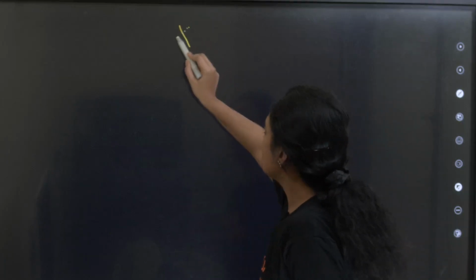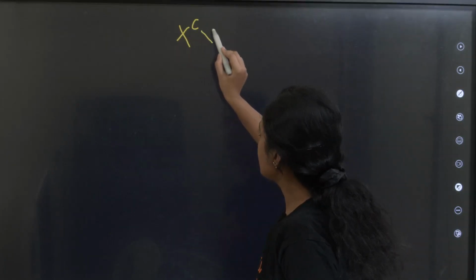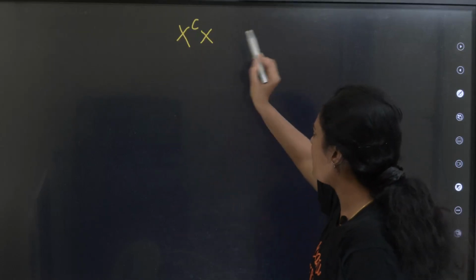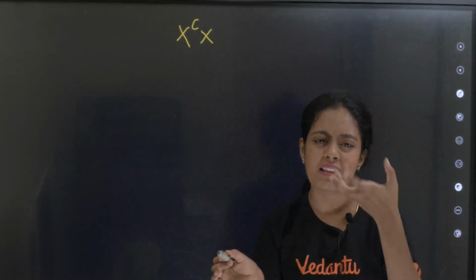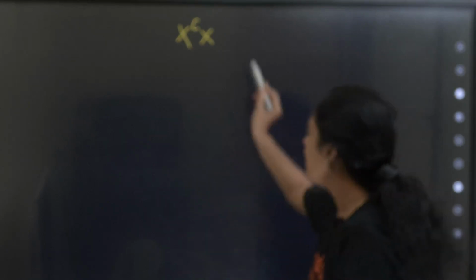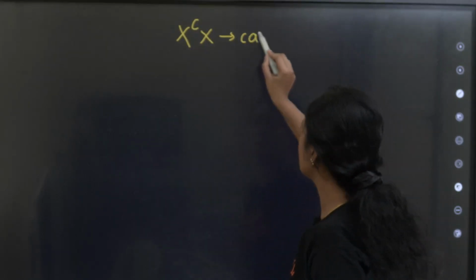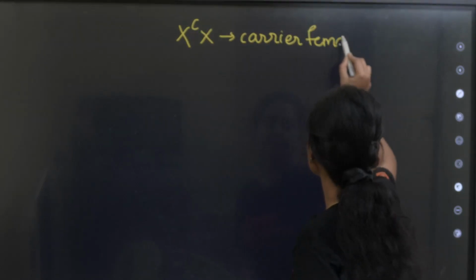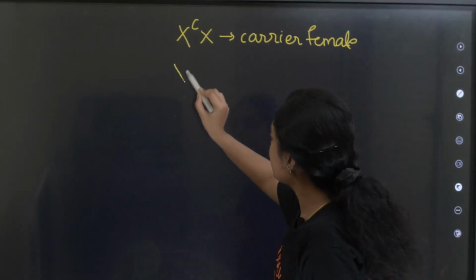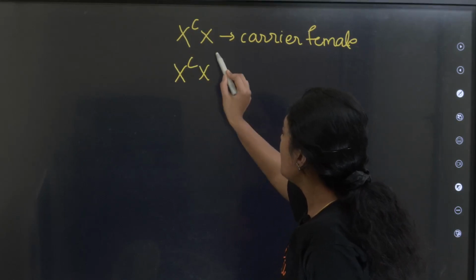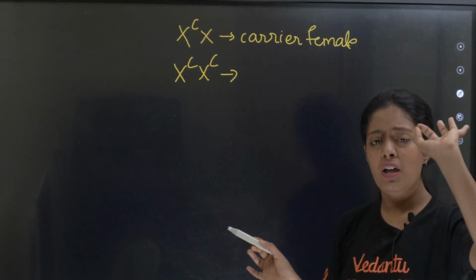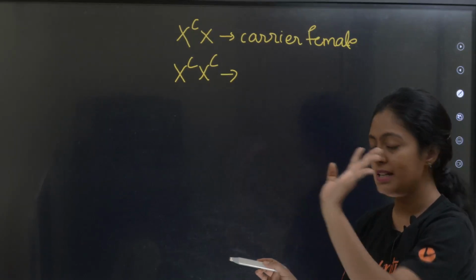Okay, so first for this, let's take X^C X^c. Let's take this as the carrier. Okay, it doesn't matter, because capital C and small c look similar when written, and it will cause confusion. So let's consider this as a carrier female. Again, in this case there are no carrier males. Only the letter changes. Okay, so that you don't get confused, let me write it once again.